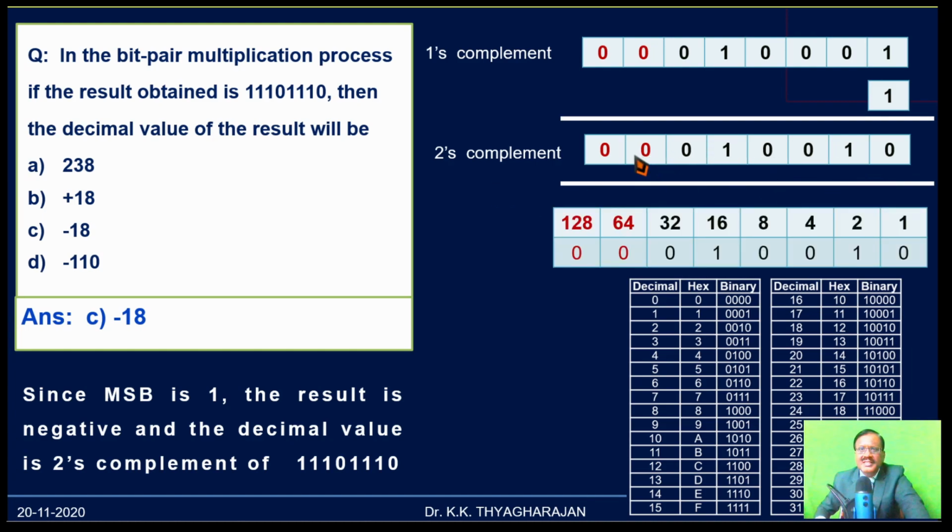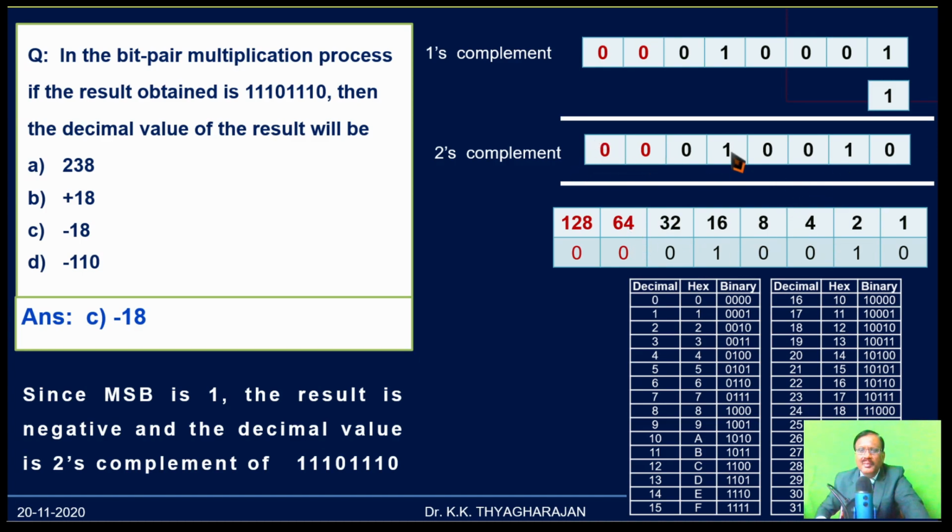Now what is the decimal value of this binary number? To get the decimal value, you put 1, 2, 4, 8, 16, 32, 64, 128 like this. That is, in each position you are multiplying the previous value by 2. So 1, 2, then 4, then 4 into 2, 8, 8 into 2, 16, like this.